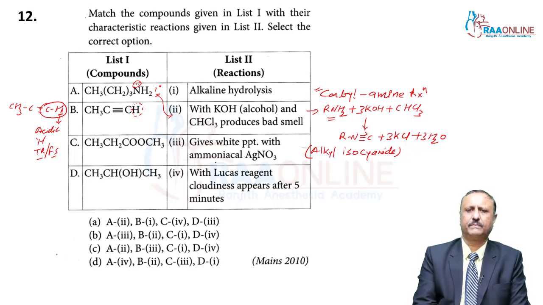This test gives a white precipitate with ammoniacal silver nitrate solution, which is called the Tollens reagent test. So, B goes to the third, list number 3 reaction.